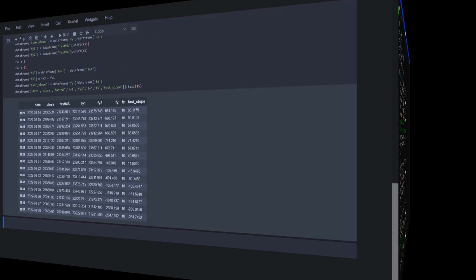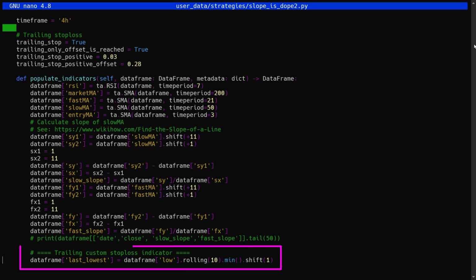Okay, now back to my strategy file. On this next line there is something special. Here I determine a special stop loss based on candle information. This stop loss can also act like a trailing stop loss, because what I do is simply select the last 10 candles each time there is a new data frame entry.